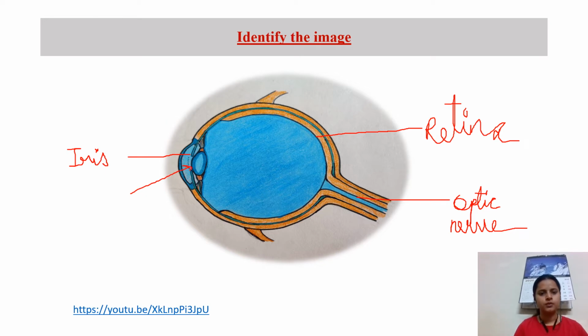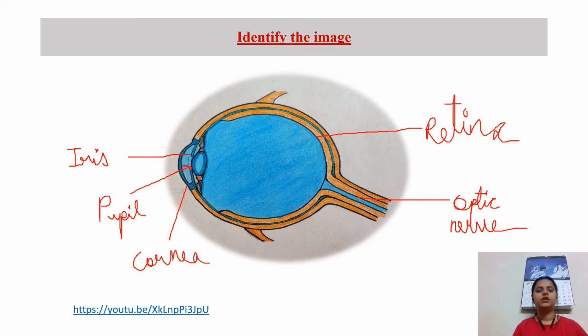This portion is the pupil. This is the cornea. So these are the different parts of the human eye.